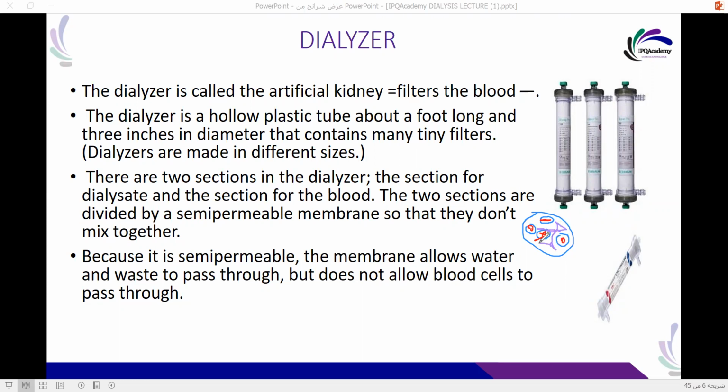So the process of exchange will occur through what? Through this blue semi-permeable membrane, which lines the filter. Here is the blood, and on the other side the dialysate fluid, and here is the semi-permeable membrane of the filter through which the process of exchange occurs.